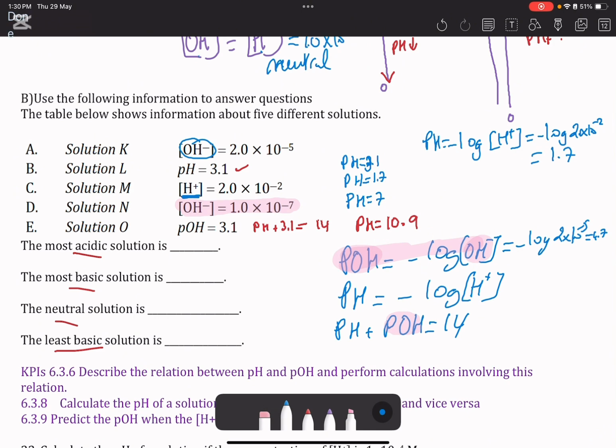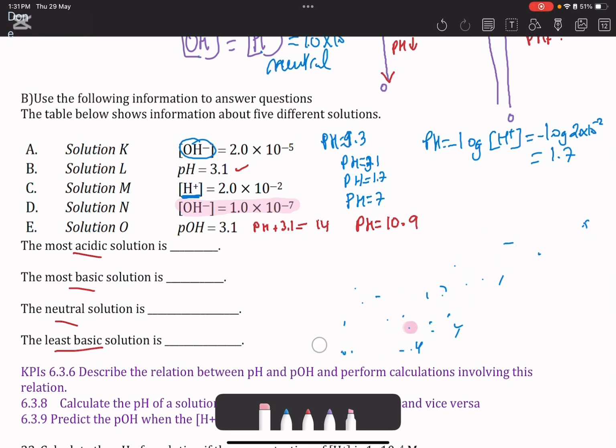And then I'm going to substitute here pH plus 4.7 equal 14. And the answer is 9.3. So the pH is 9.3. So here we go. We have all the pHs in these questions. Let's start answering the questions.